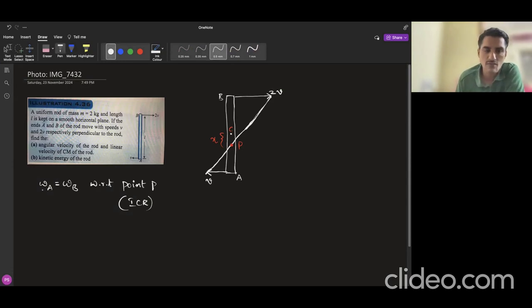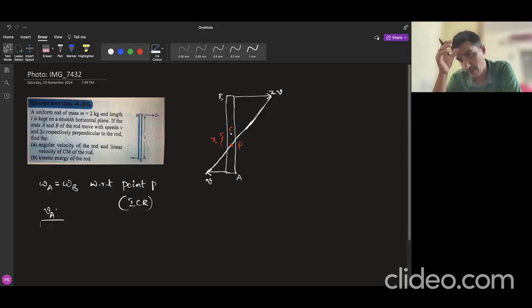Now omega A is VA divided by the perpendicular distance, because omega is equal to V by R. Let us write omega is equal to V by R for the first one, for A here.